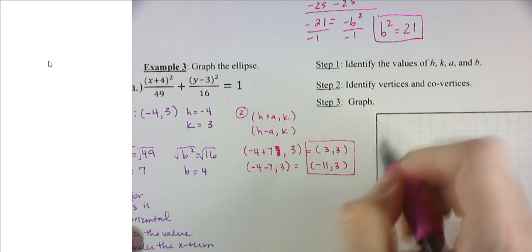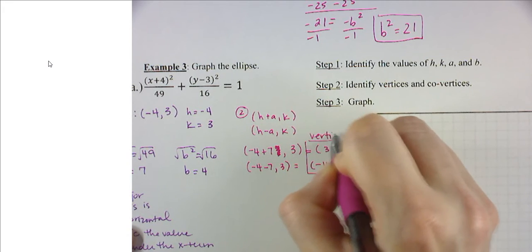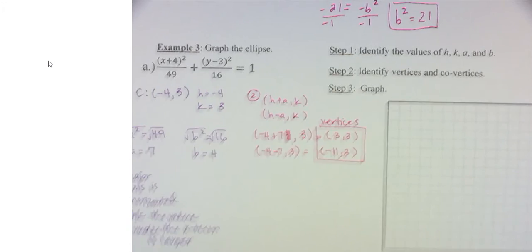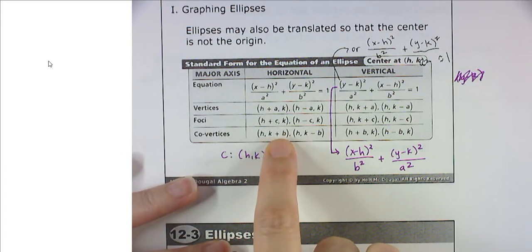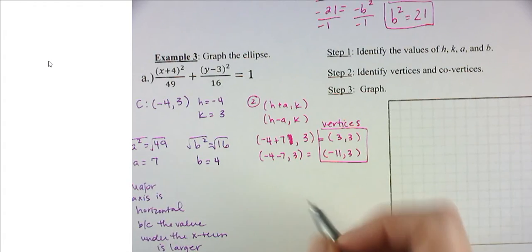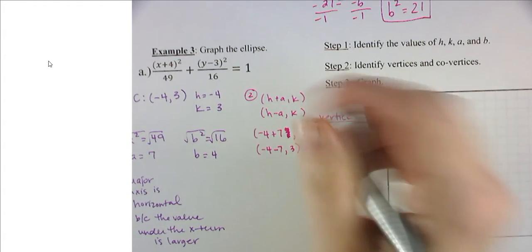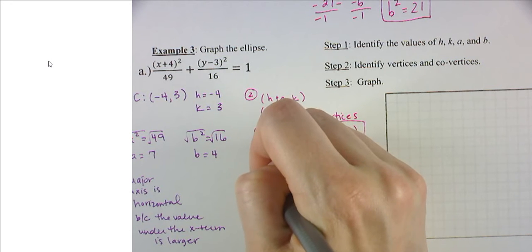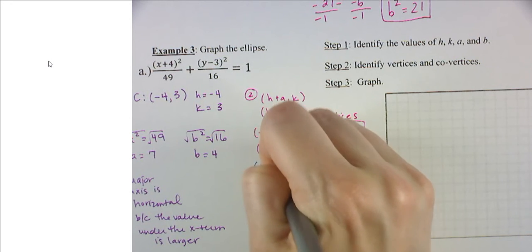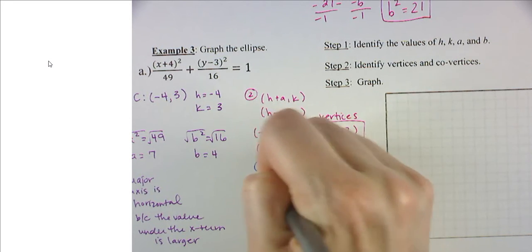Okay, and then I'm going to do my co-vertices. So the co-vertices are H, K plus B and H, K minus B. Those are going to be my co-vertices. So remember, the co-vertices are with the minor axis.